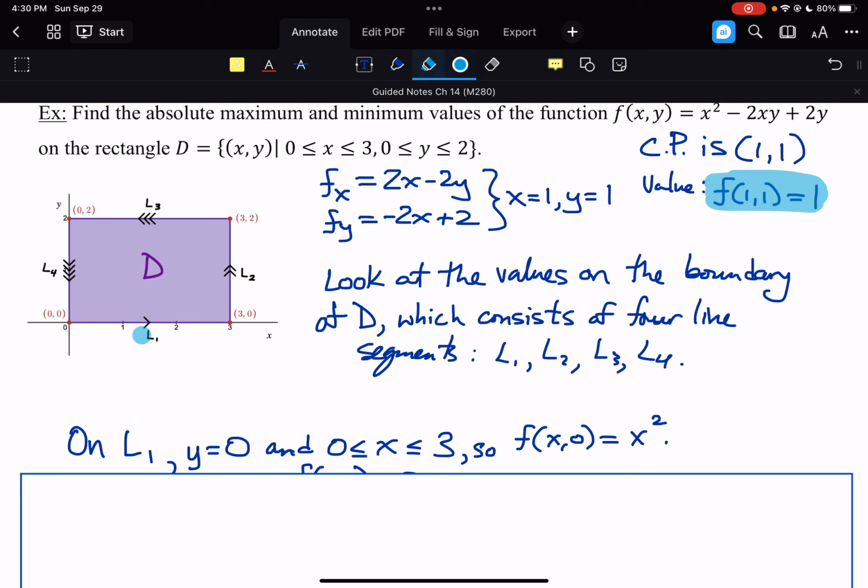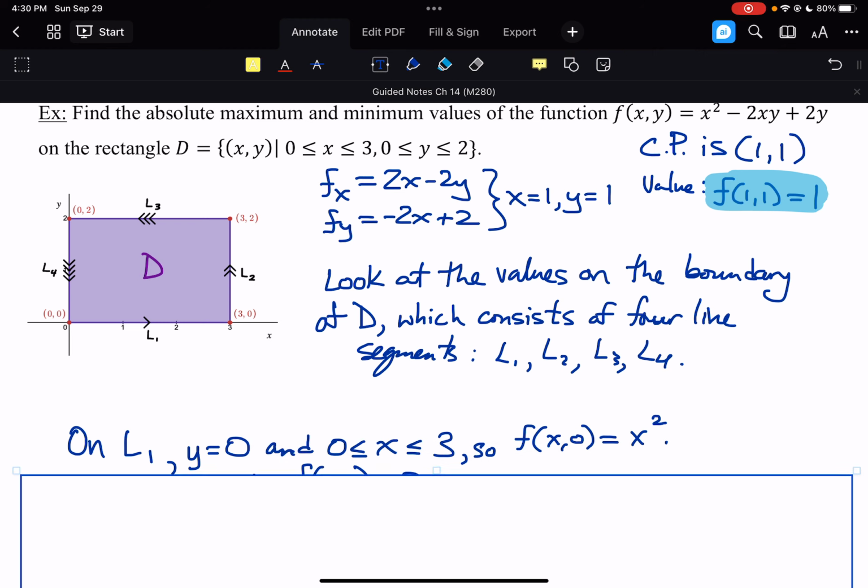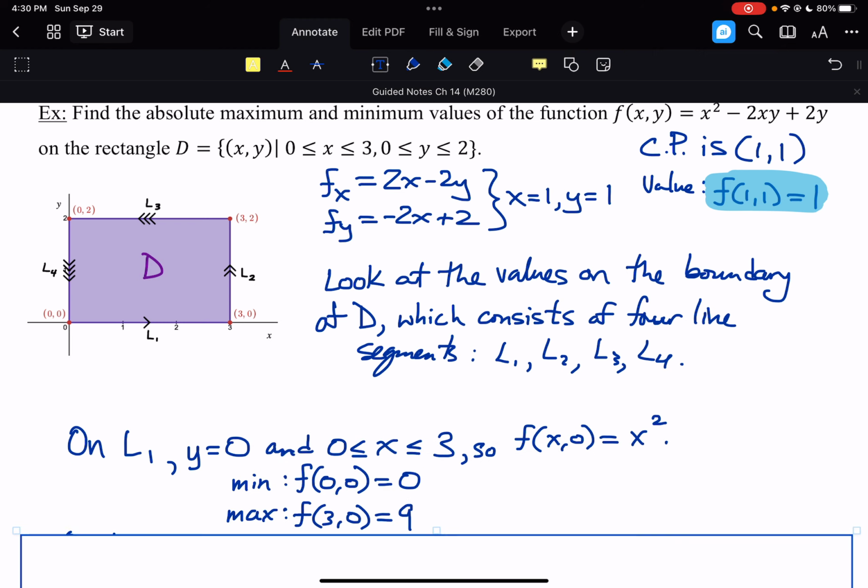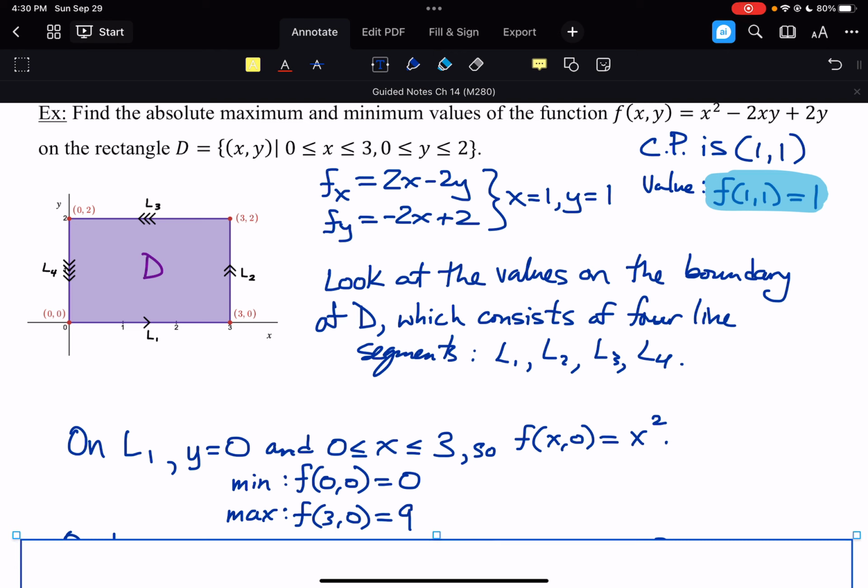So the function along this boundary curve is basically y equals x squared. The minimum occurs at 0, 0, and the maximum would be at 3, 0, because that's where it's the largest, just along L1.